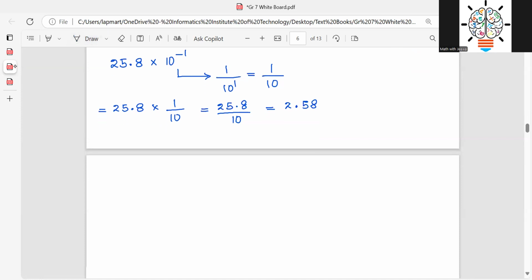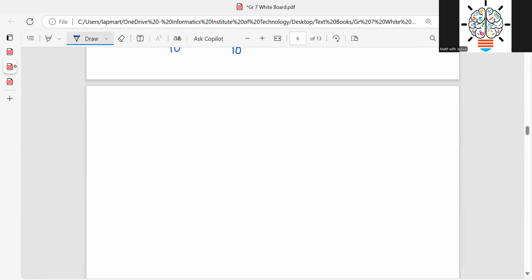So I'll take another example here. Let's say you have 4.63 multiplied by 10 to the power of negative 3. What do you mean by this? 10 to the power of negative 3 means positive 1 over 10 to the power of 3. So then this means that here 10 times 10 times 10, that means 1 over 1000.